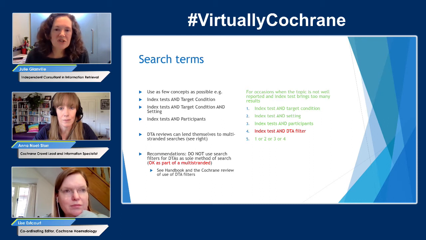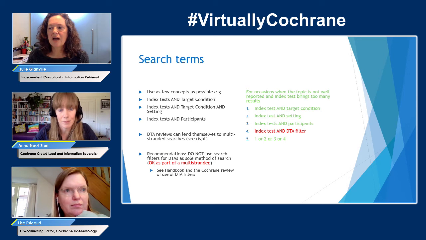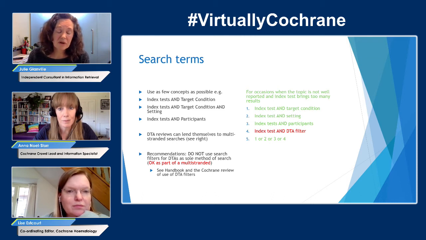So the suggestions about developing your searches are to, as we've already discussed, try and use as few concepts as possible, and try and think about two concepts ideally. And as Anna has mentioned, the multi-stranded approach is particularly fruitful, I think, in the areas of DTA reviews.